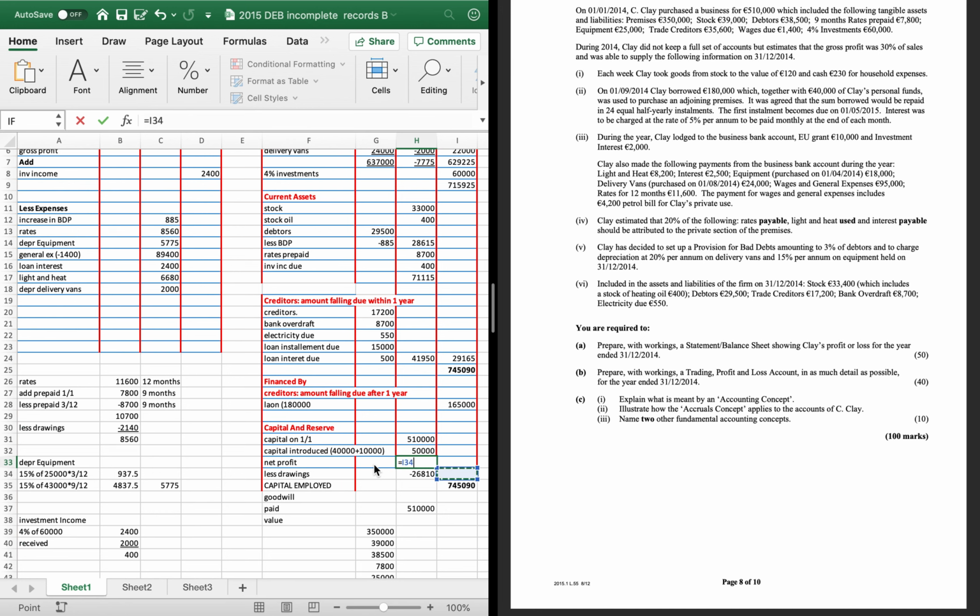So to find out what the net profit is, you just work backwards. So as I said, take away all of your numbers there, and you should get a profit of 46,900. Now, if you're looking at me saying, well, I took away drawings, I took away a minus drawings. So minus minus is plus. So I added it back on.